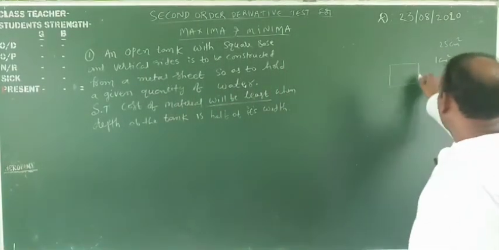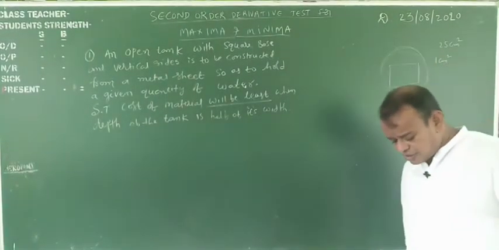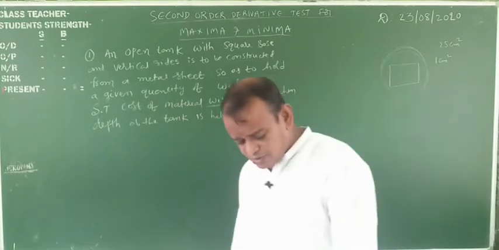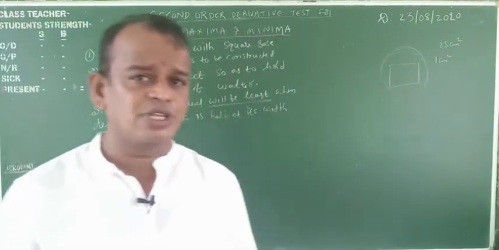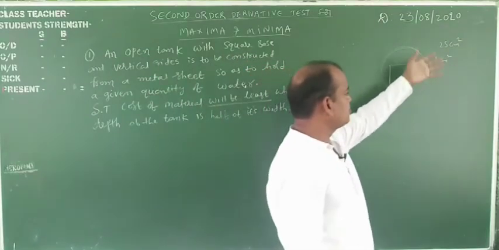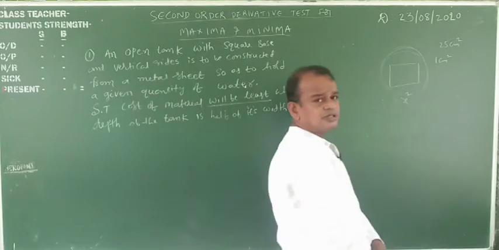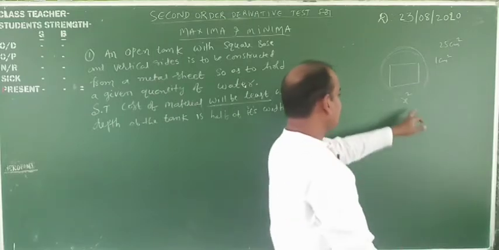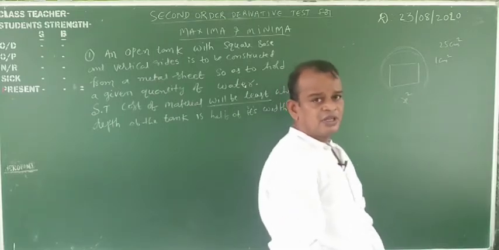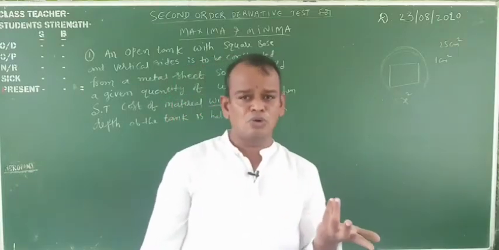To form a square by using the metal, suppose the area is x square centimeters. Now how much metal is used, we don't know.